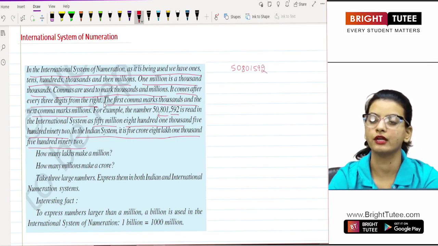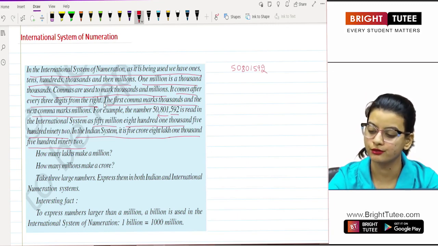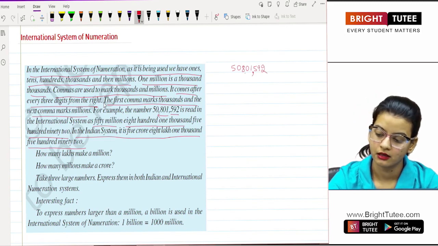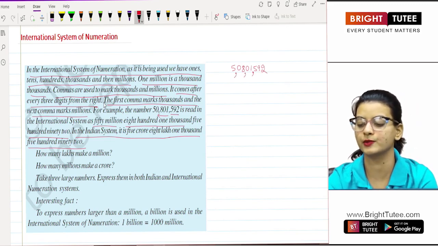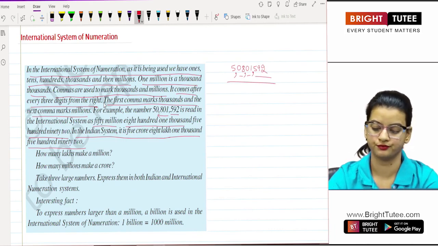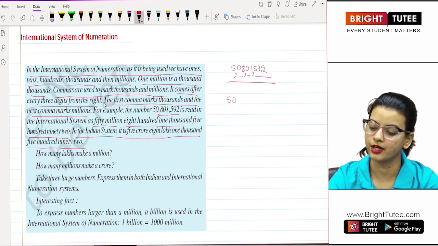If we write it in the Indian system, how are we going to put commas? We put the first comma after 3 digits from the right, then after 5 digits, and then after 7 digits from the right. So this becomes an 8-digit number, and this is 5 crore 8 lakh 1,592.